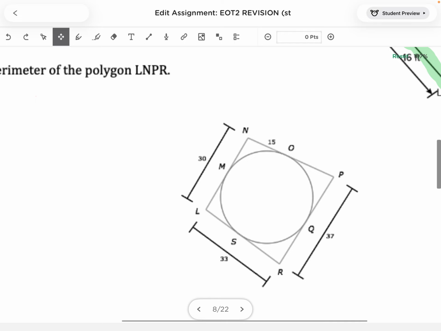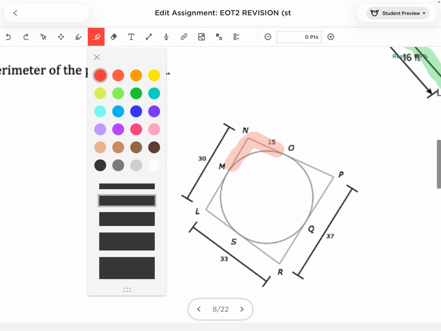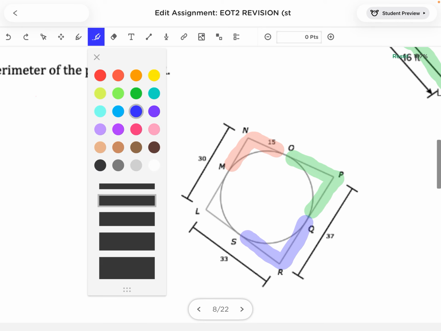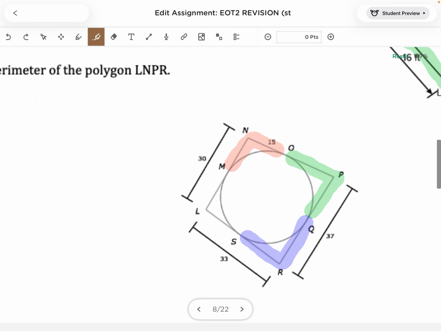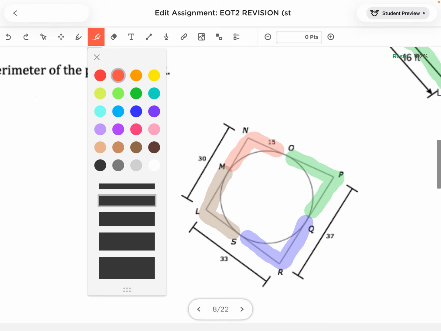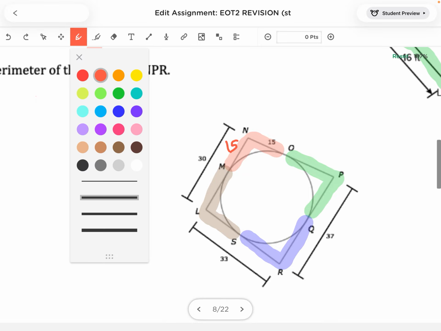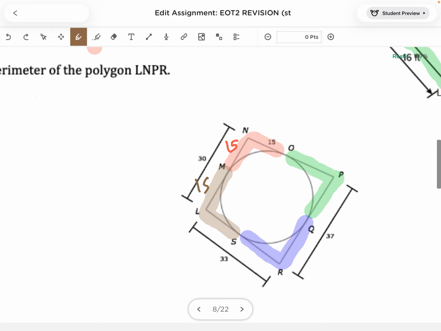Same story here. We need the perimeter of the polygon. Let us highlight. These two are 15. These two will be equal. These two will be equal. And these two will be equal. So this side will be 15, the whole is 30, so this one will be 15.